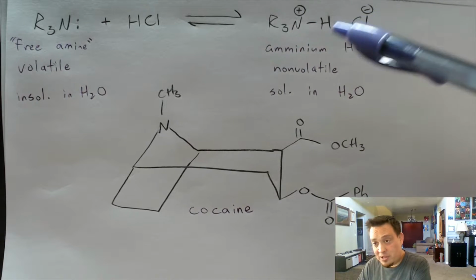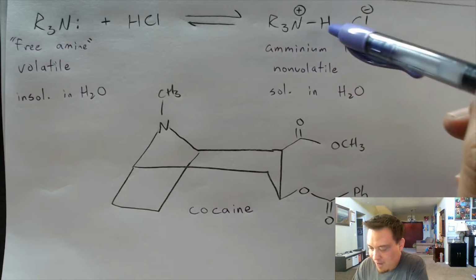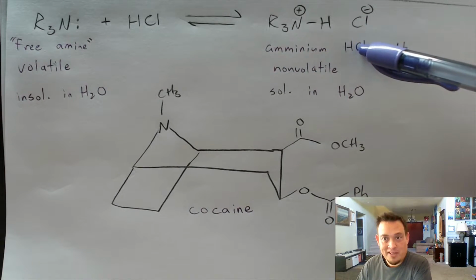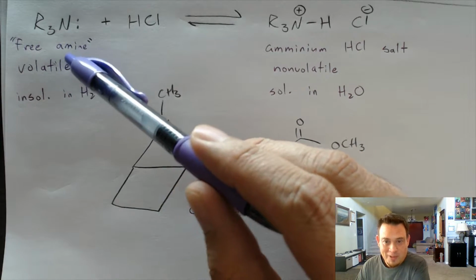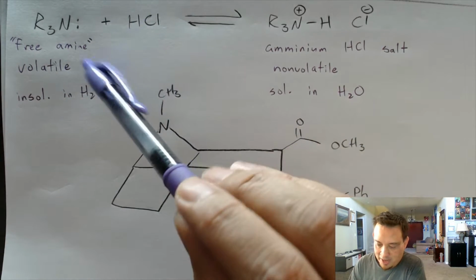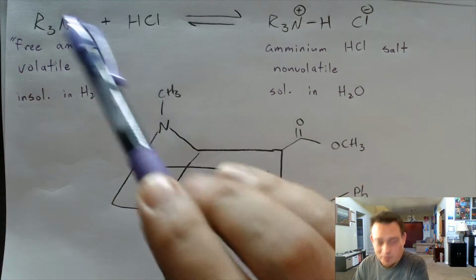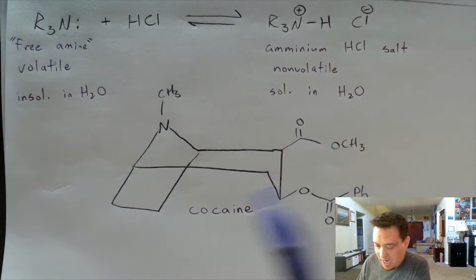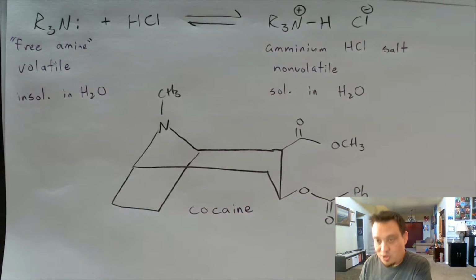What people will do is they'll take this and treat it with baking soda. If you have the protonated version, treating with baking soda makes it the free amine. And what that does is make it volatile, which makes it easier to smoke. Some of this chemistry is done with methamphetamines also, but it is very commonly done with cocaine. If you have the free amine form, there are two names people use for that.